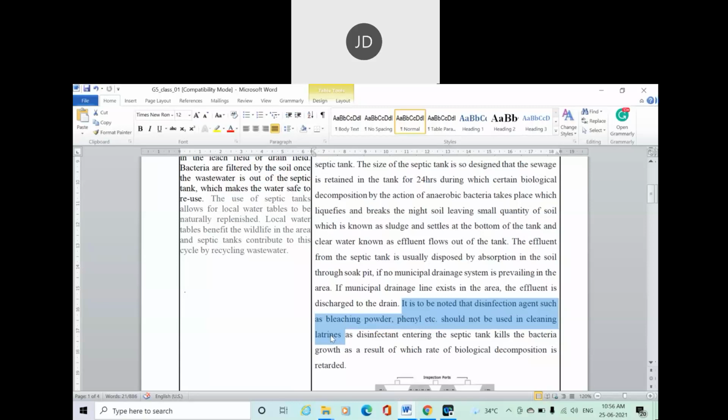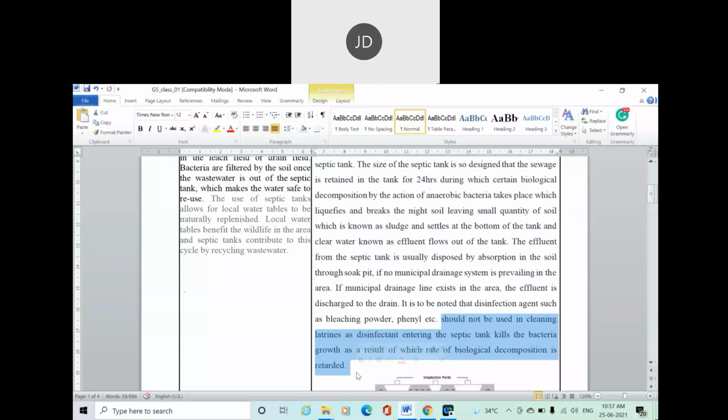And if that water goes to a septic tank, it will kill the bacteria. Okay, and it will reduce the rate of decomposition of the sludge basically. Okay, or the decomposition of the night soil. So it should not be used in cleaning the latrines, as disinfectant entering the septic tank kills the bacteria growth, as a result of which the rate of biological decomposition is retarded.